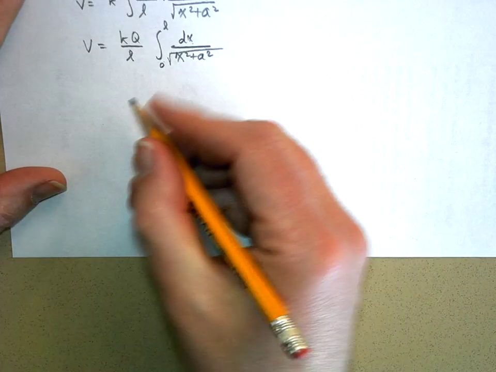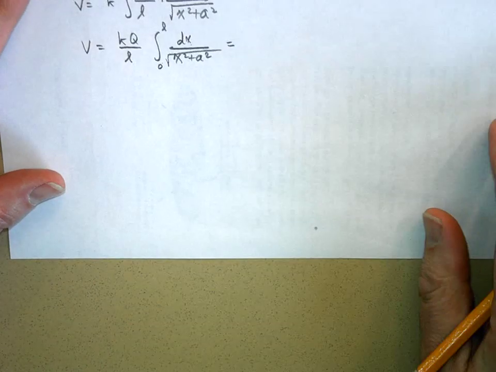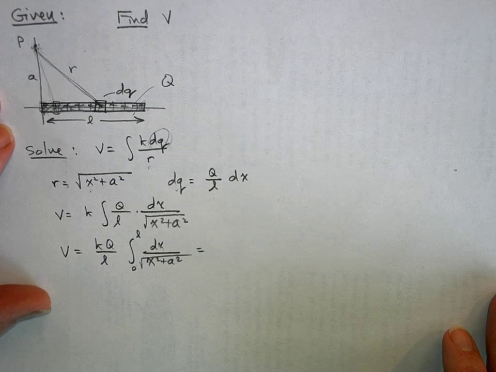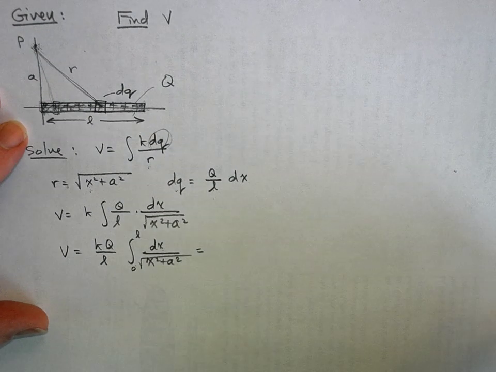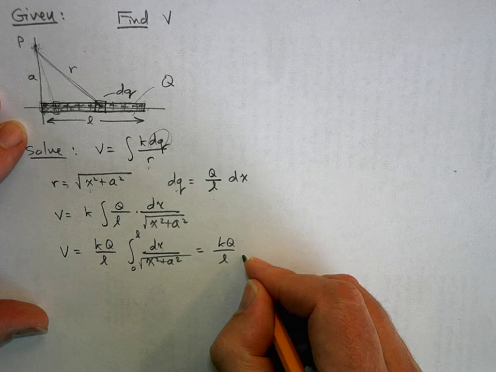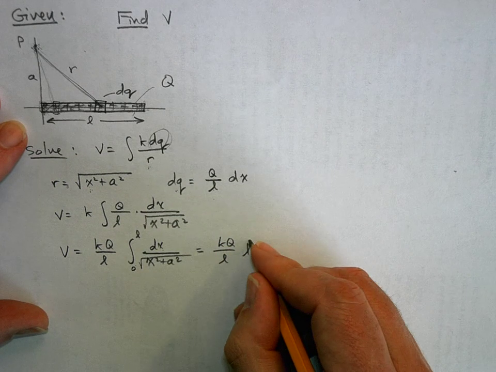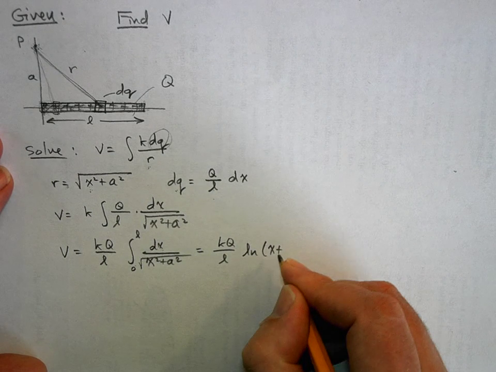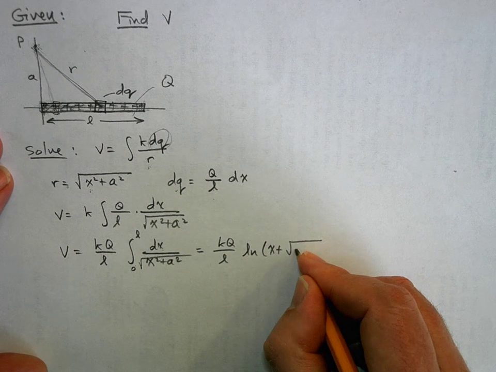Okay, so this is going to be equal to kq over L times the natural log of x plus the square root of x squared plus a squared.